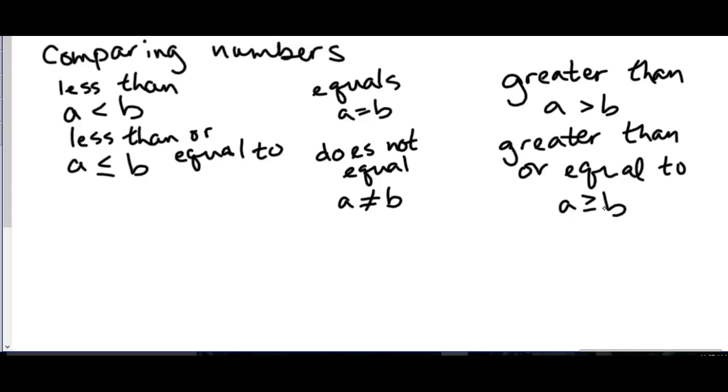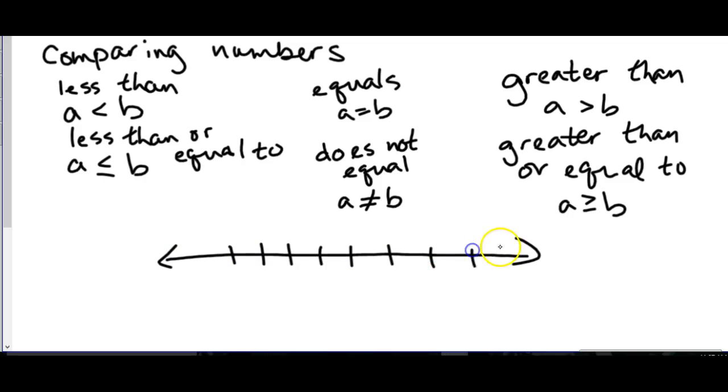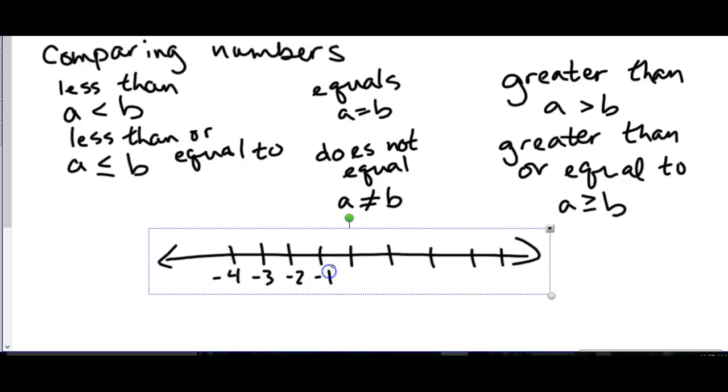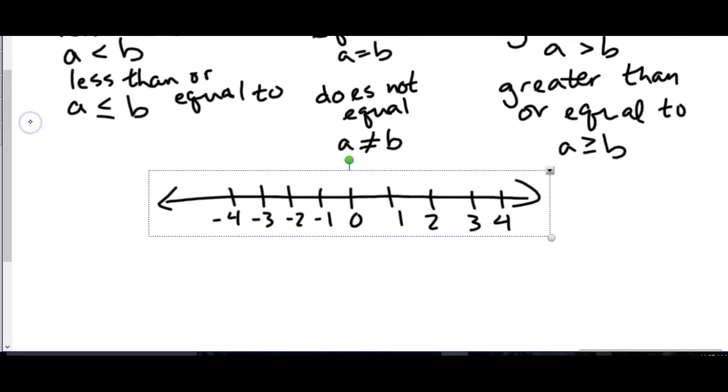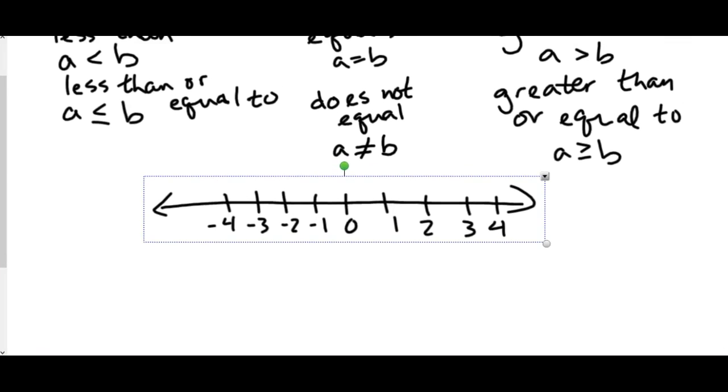So when you're comparing numbers, it can be helpful to have a number line available, or draw one out. Because especially the negatives can be a little bit difficult to figure out which one's greater than or less than when you're comparing them.